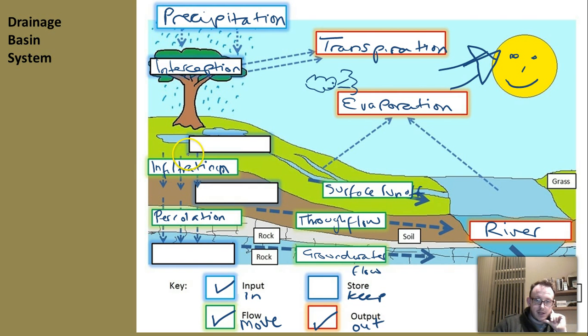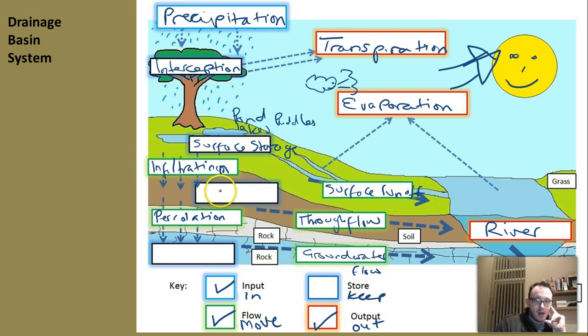Next one down is where we get water stored on the surface. We just call this quite simply surface storage. Where water is stored on the surface, so that's things like ponds, lakes, puddles, whatever.